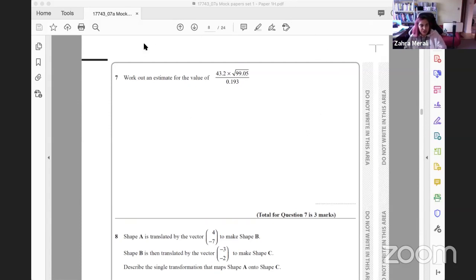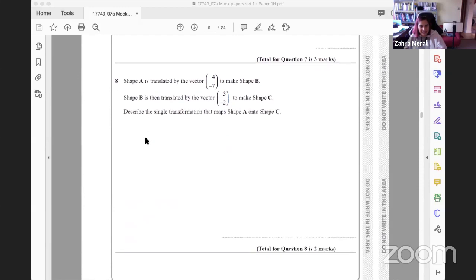Right, we've got shape A is translated by a vector (4, -7) to make shape B, and then (-3, -2). So how do I go in one jump? Essentially all we're saying is we're moving 4 along and then we're moving 3 back. So the net effect is we've gone 4 along and then 3 backwards.